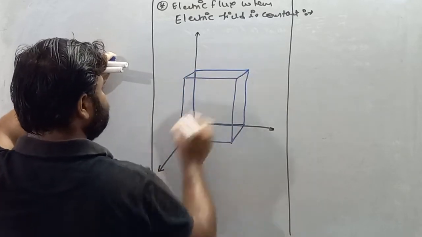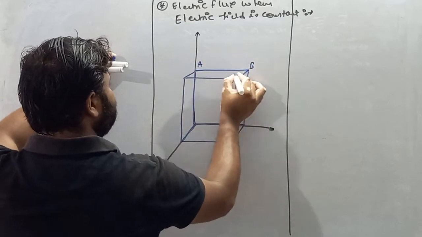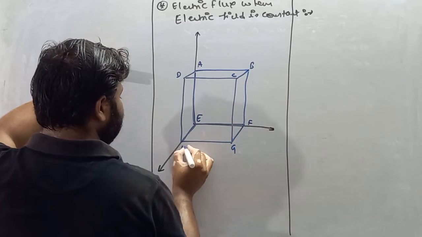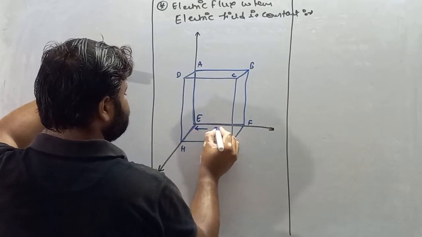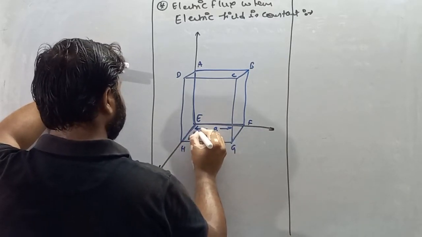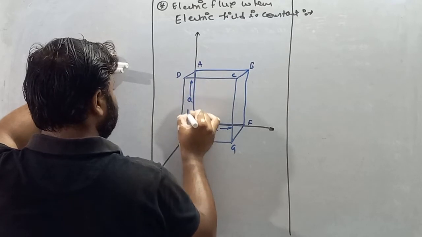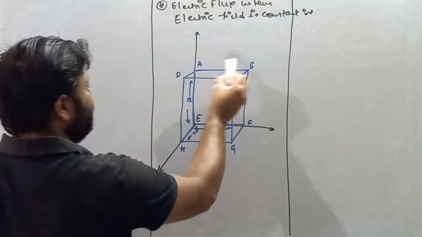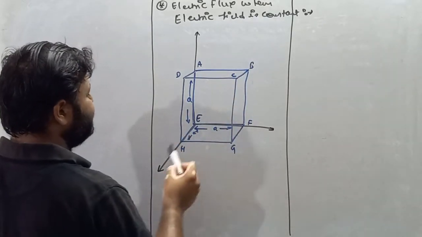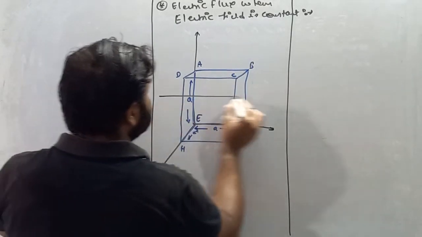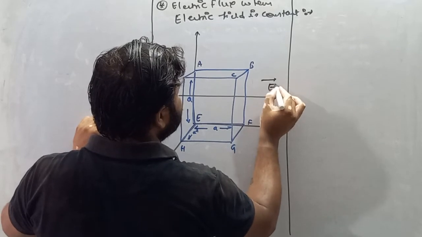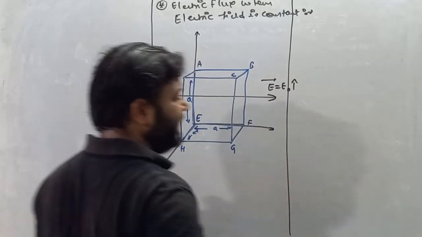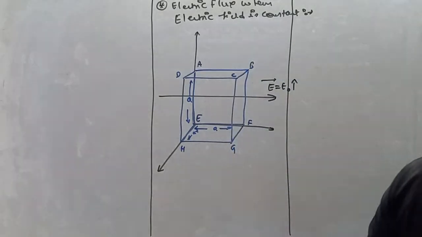in a Cartesian system. Let's say the vertices are A, B, C, D, E, F, G and H. Side is A. This cuboid is placed in an electric field of magnitude E naught, and the direction is I cap.